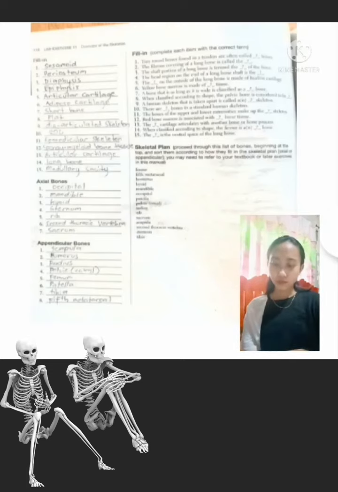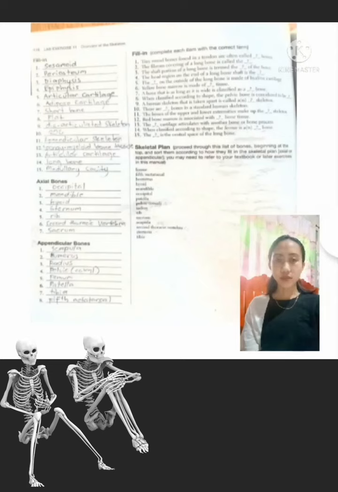Number 5. The blank on the outside of a long bone is made of hyaline cartilage. The answer is articular cartilage. And number 6, yellow bone marrow is made of blank tissue. The answer is adipose tissue. And number 7, a bone that is as long as it is wide is classified as a blank bone.